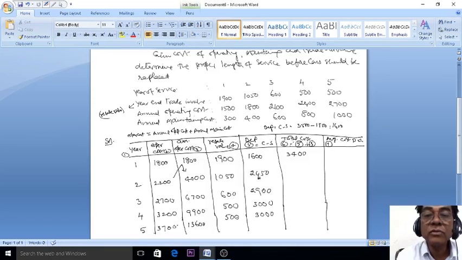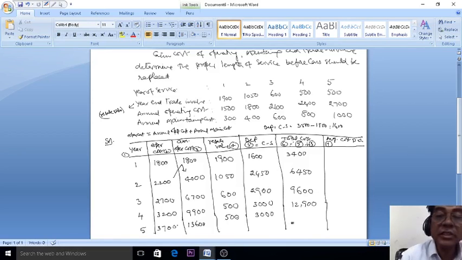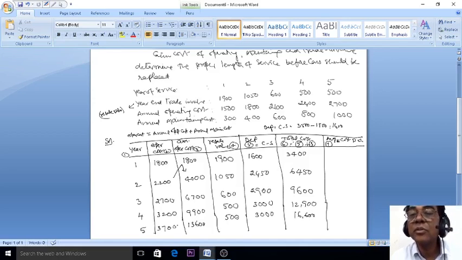Then 2450 plus 4000, 6450. The next one 9600. The next one 12900. The next one 16600.